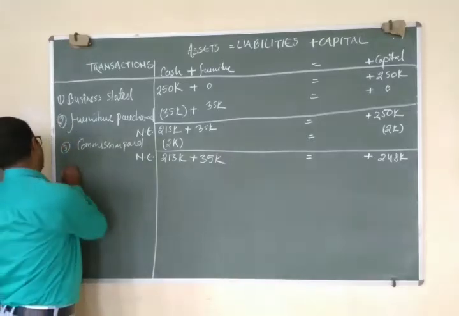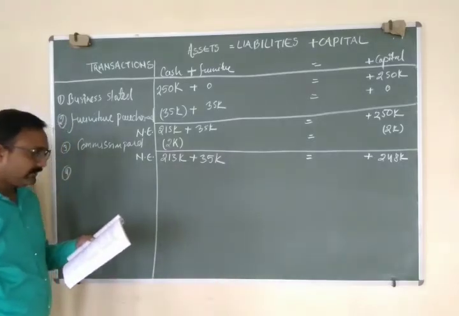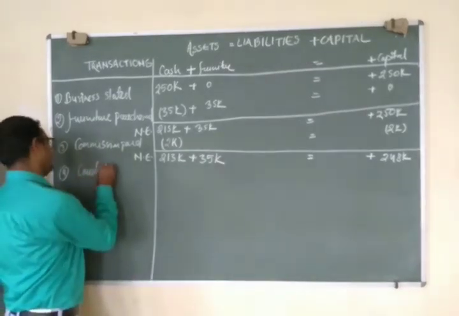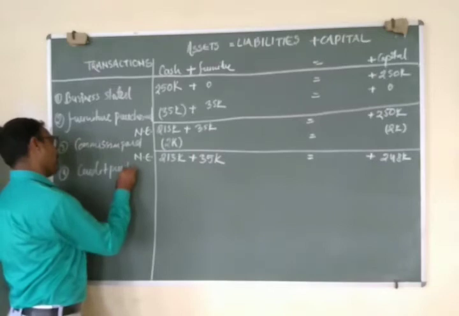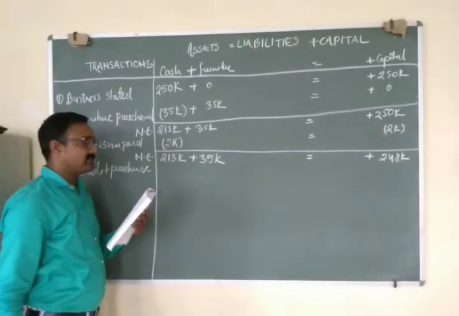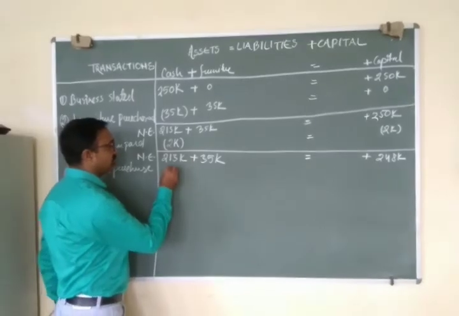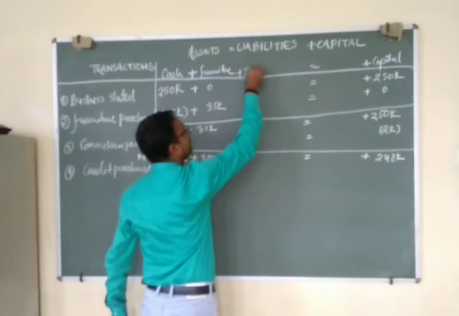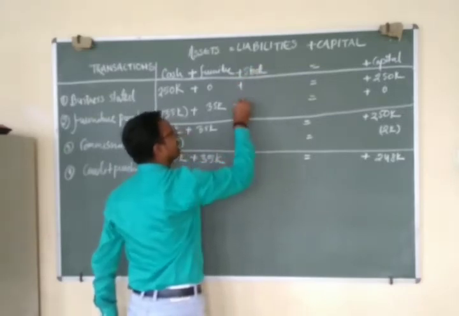Transaction number 4: he purchased goods on credit. So in the credit purchase, we have purchased goods worth rupees 40,000. So we have to introduce stock in our business for rupees 40,000.